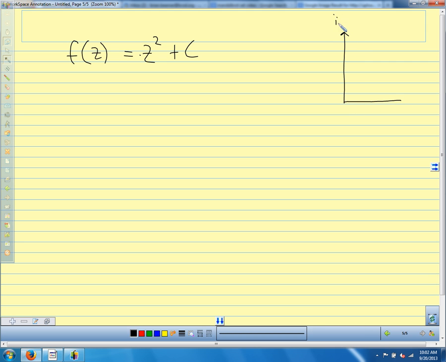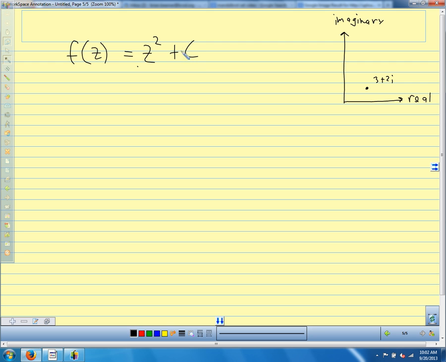So instead of the y-axis, we have the imaginary axis, and we call the x-axis the real axis. So a number like 3 plus 2i would be over 3 and up 2. So that would be a point in the complex plane, 3 plus 2i. What we do is we take a point in the complex plane and we plug it into this function. We square the number and we add a constant to it.